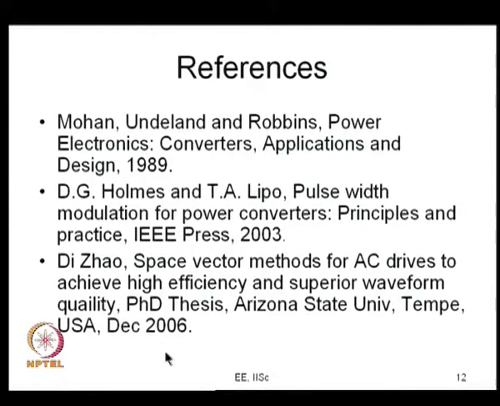This PhD thesis discusses the harmonic spectra of advanced bus clamping PWM methods and how you can calculate those amplitudes using what is known as the Fourier theory of jumps. So, these are useful references for you if you are interested in the amplitudes of the individual harmonic components.